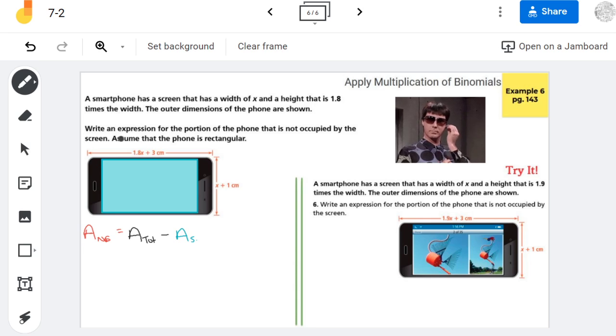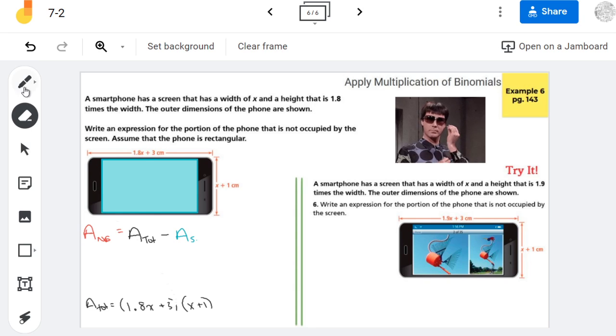So let's start with the area total. I'll do it down here. To find the total area, I would take this length and this width and multiply them together. So I have 1.8x plus 3 times x plus 1.